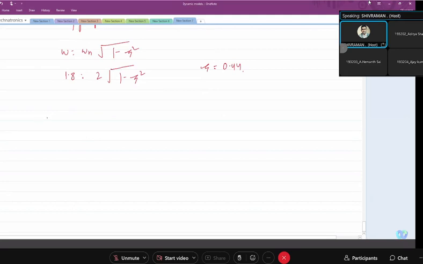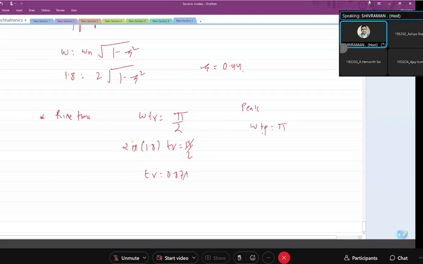Next is your rise time. So rise time is given by omega tr is equal to pi by 2. From here you can calculate 2 pi times 1.8 times tr equal to pi by 2. So from here you will get tr equal to 0.87. Likewise, what is the peak time, which is omega tp is equal to pi.